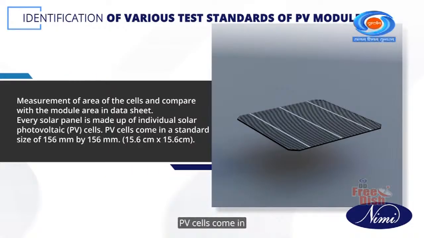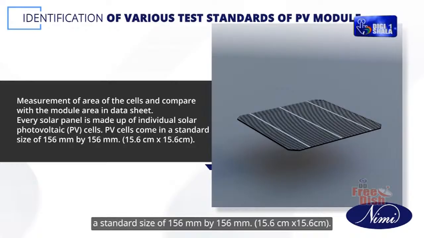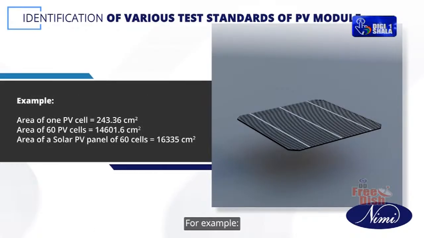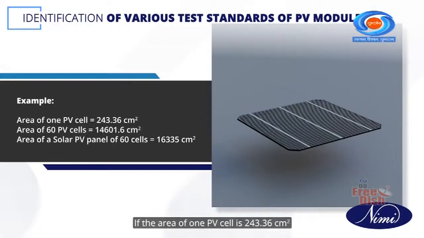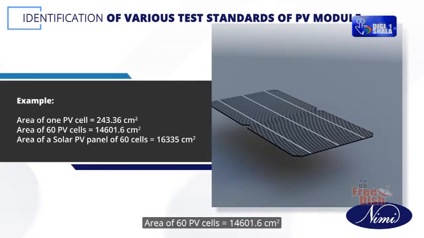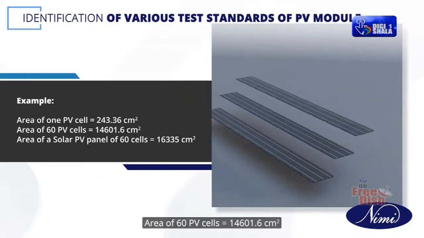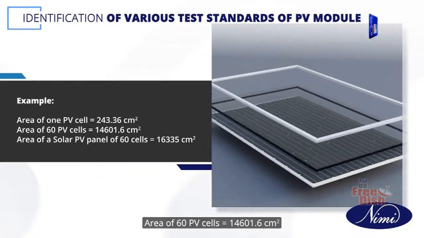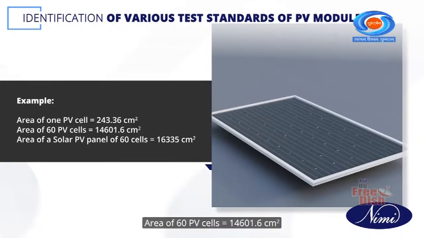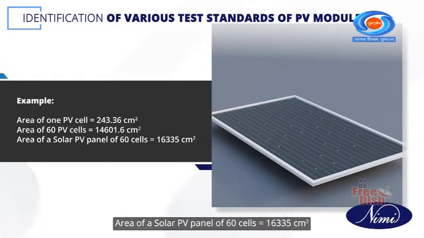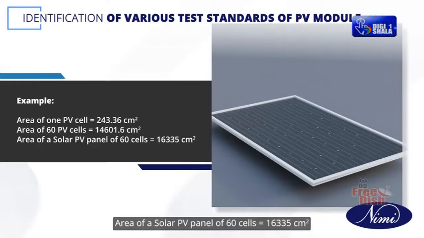PV cells come in a standard size of 156 mm by 156 mm. For example, if the area of one PV cell is 243.36 cm square, area of 60 PV cells is equal to 14,601.6 cm square.